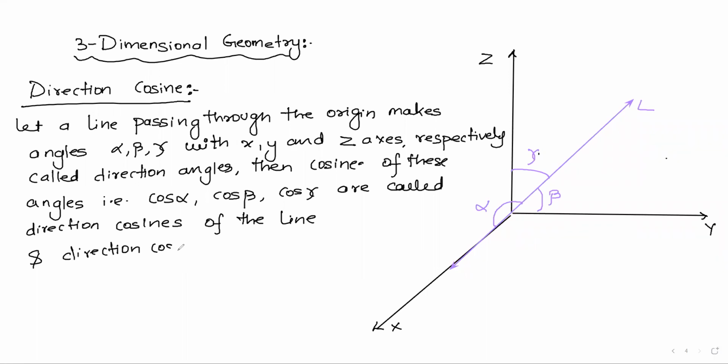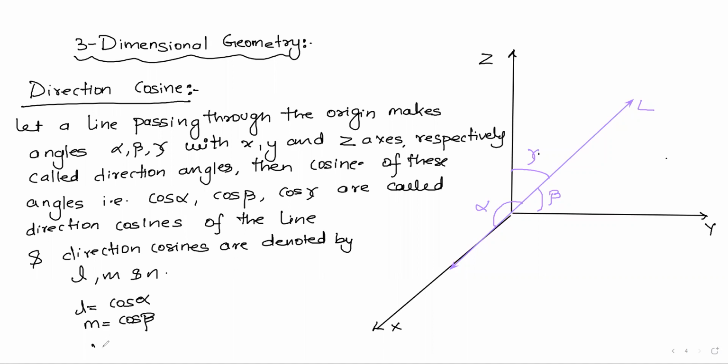Direction cosines are denoted by L, M, and N. So L is cos alpha, M is cos beta, N is cos gamma. Okay, so this is the definition.